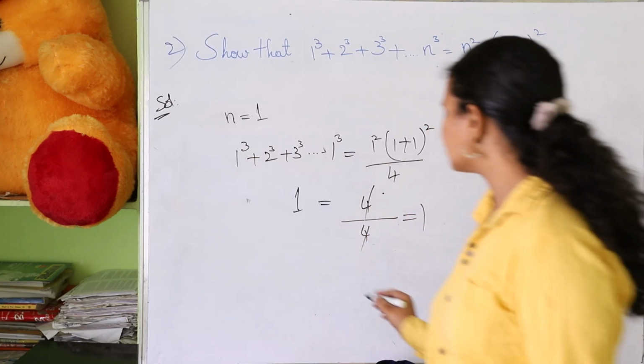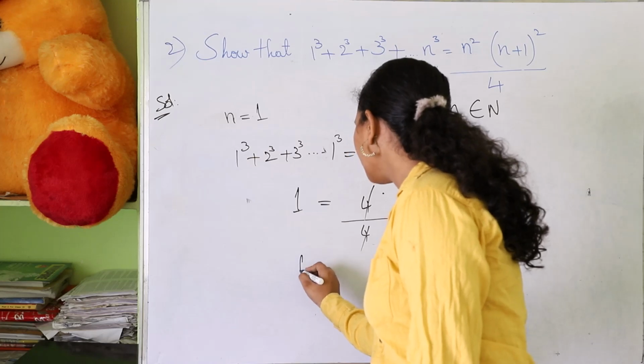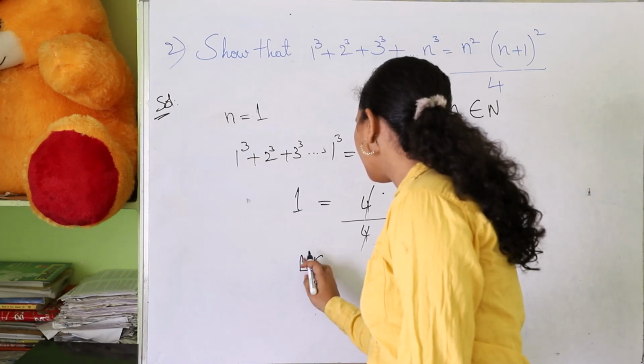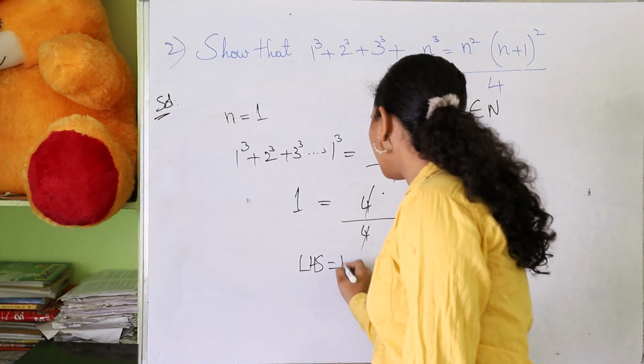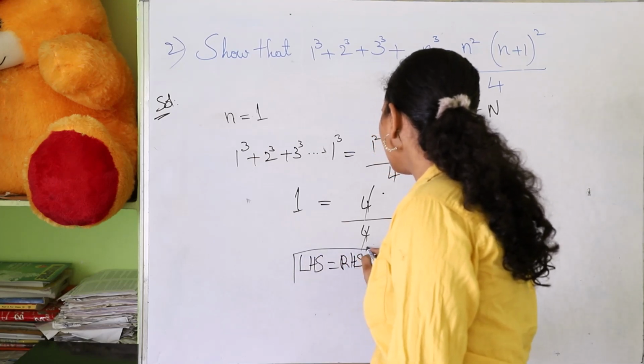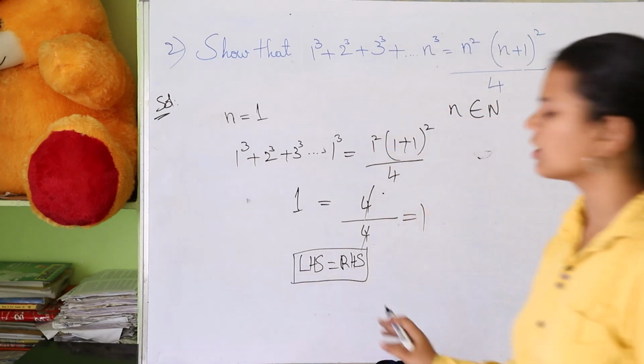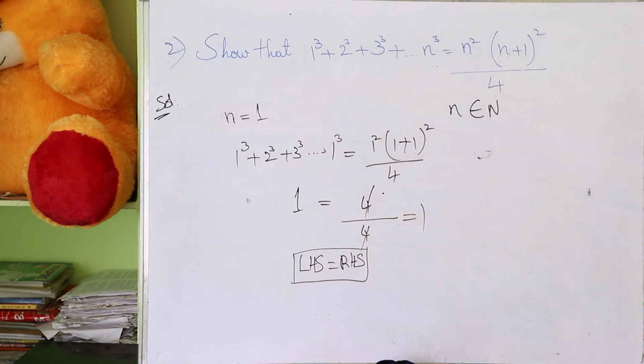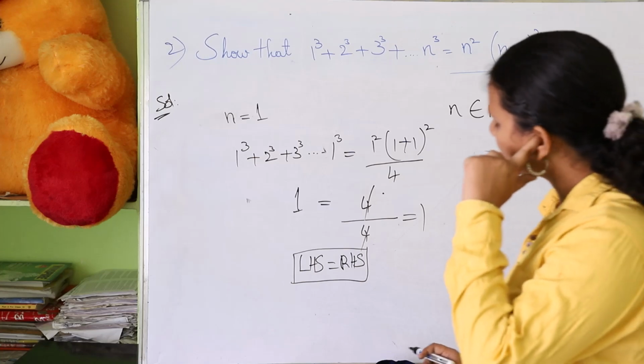Therefore we got 1. So I can say LHS equal to RHS. LHS value is 1 and RHS value is 1.